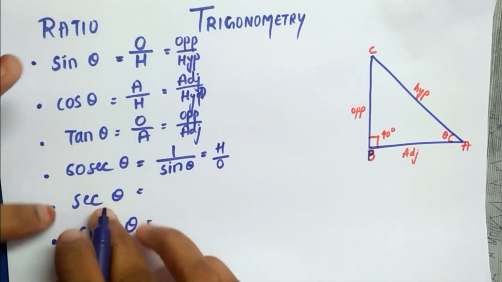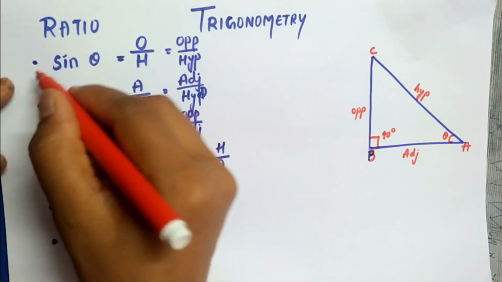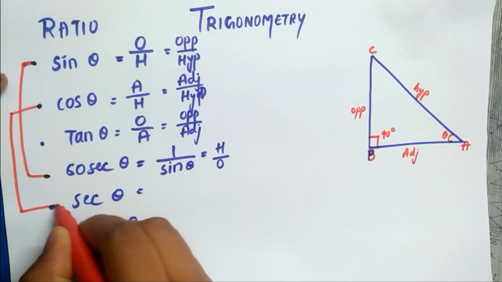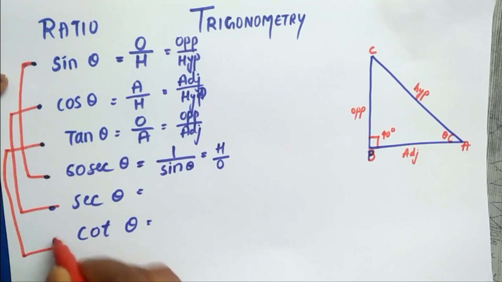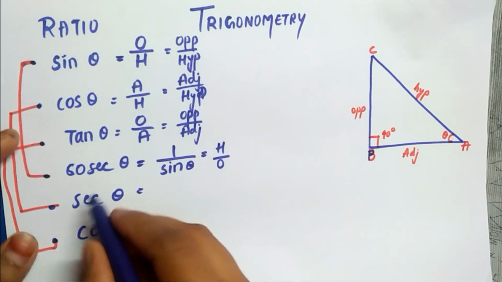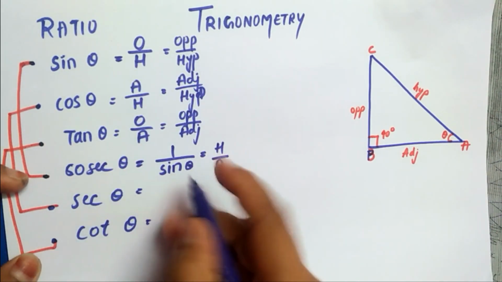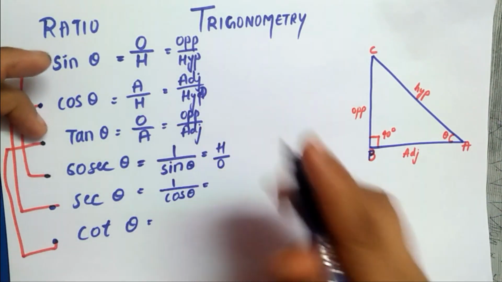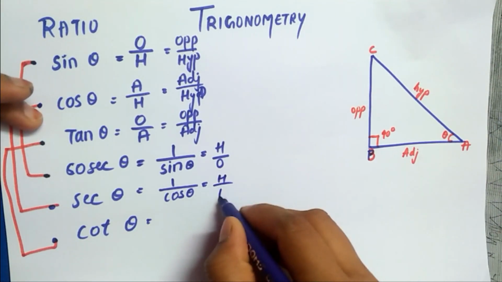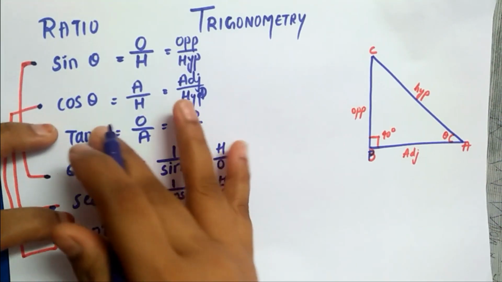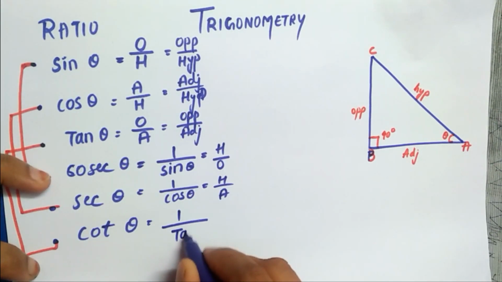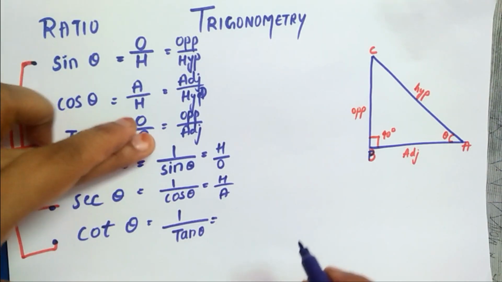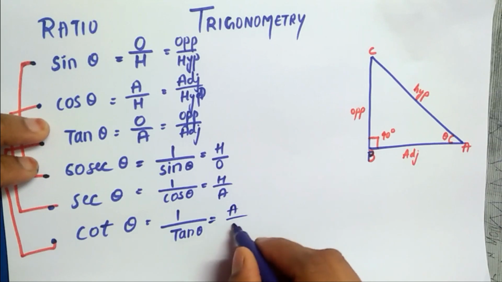Now secant, see, cos and secant are related, and tan and cot are related, right? So secant theta is the reversal of cos theta, 1 by cos theta. Cos theta is A by H, so its reversal is H by A. What is cot theta? Nothing but the reversal of tan, 1 by tan theta. Tan theta is opposite by adjacent, and that will get reversed: adjacent by opposite.